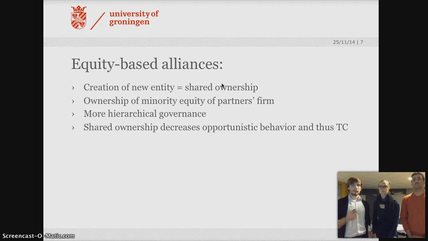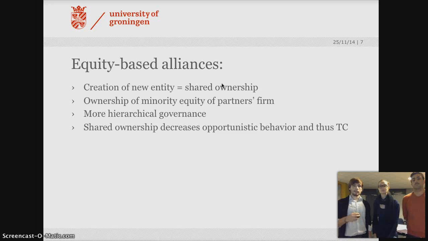Besides that, there can also be two types of equity-based alliances. The first one is a direct investment in the partner, and this means that I'm in control of the other partner by being on the board of directors. And the other type is by creating a new alliance, like a new entity, as I said before.